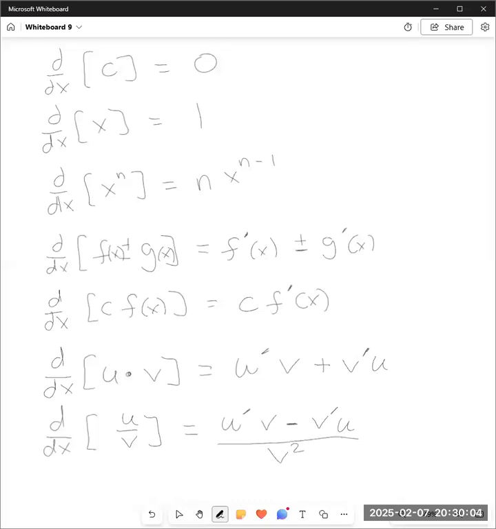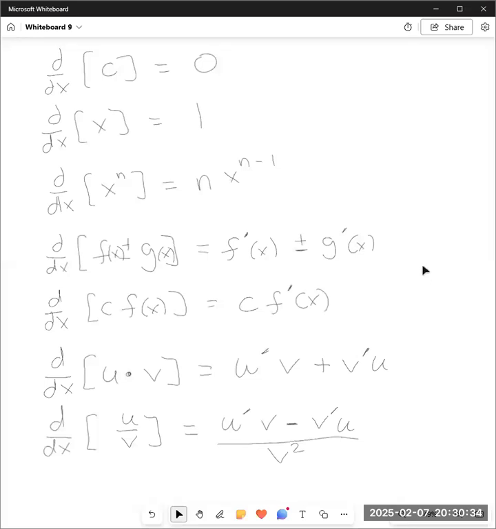It doesn't matter whether you write v before u prime or u before v prime, but it is important that you differentiate the numerator first and then subtract, differentiating the denominator, right? So that's important in the quotient rule because order of subtraction does matter. So I just wanted to make note of that since I don't know that I explicitly said that in our last video.